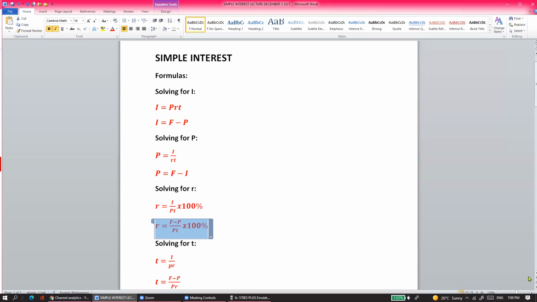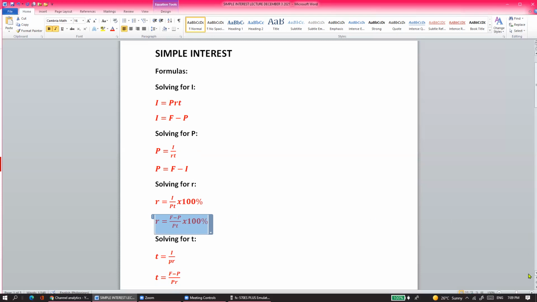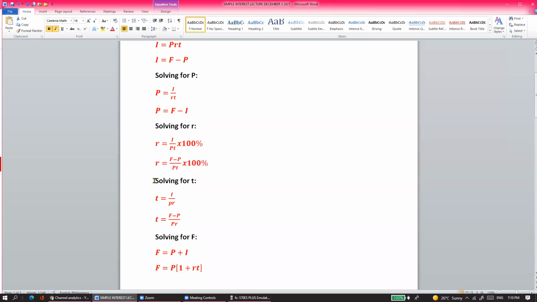And then next set of formulas that we have, how about solving for the period of time T? T is actually equal to I over PR, or time or period of time is equal to F minus P all over PR. Full amount minus principal all over the product of principal and the rate of interest. That is how do we solve for the value of the period of time.